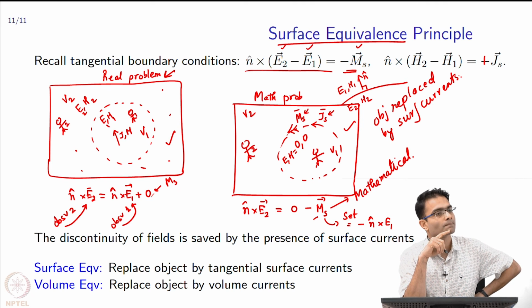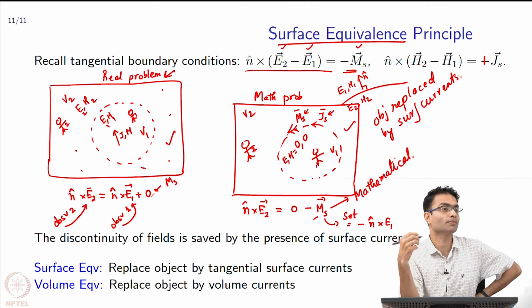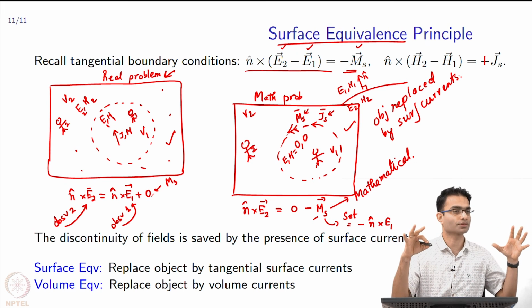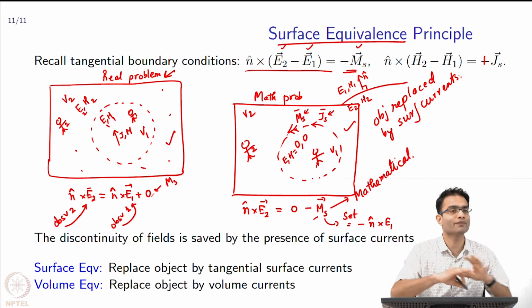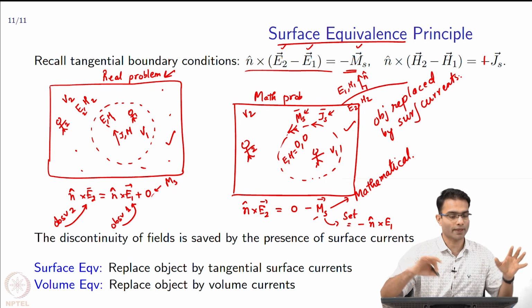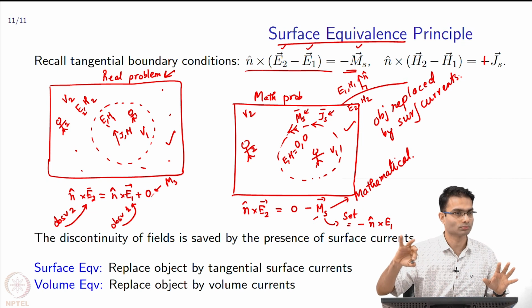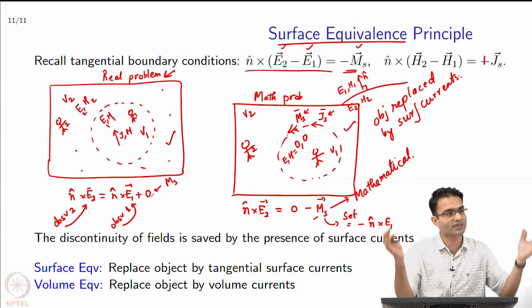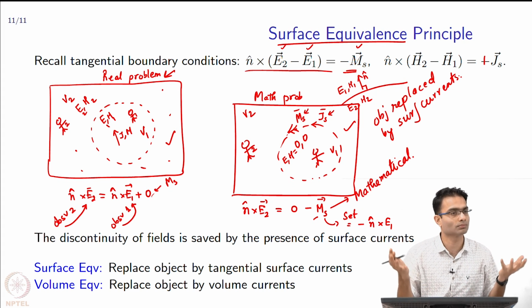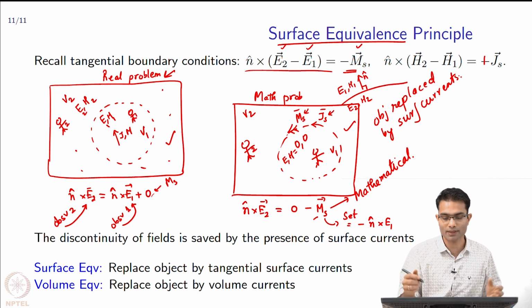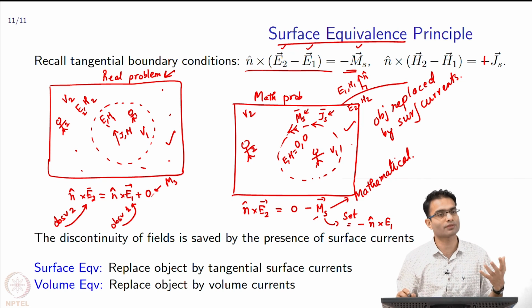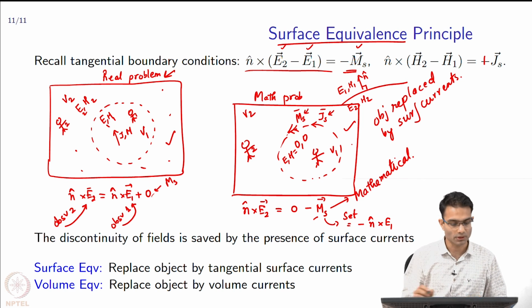Okay. So, again this can be useful if, for example, I want to reduce the area of my computation. I do not want to compute the fields everywhere in V1 plus V2. If I can remove V1, the small price I have to pay is the surface fields on this. So, they will become the new unknowns, but what I have done is I have punched out some volume over here. So, this is the sort of reasoning behind equivalence principles.